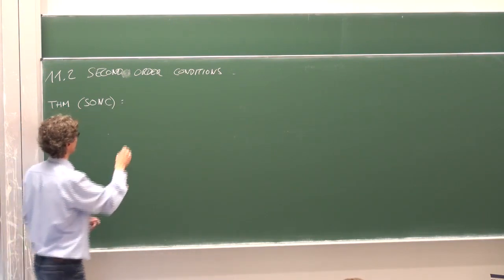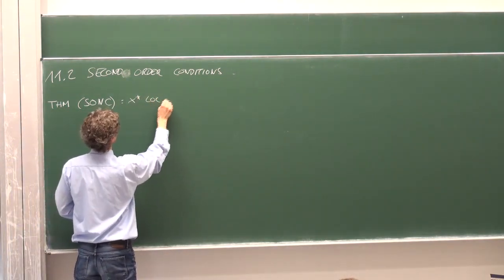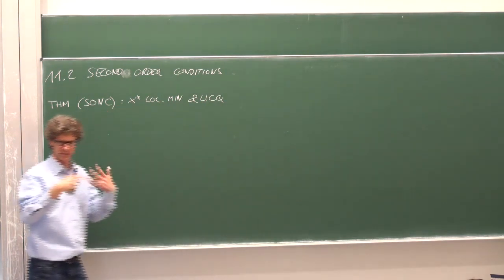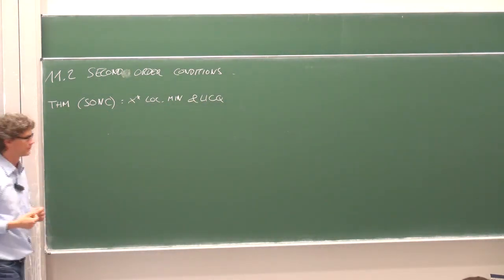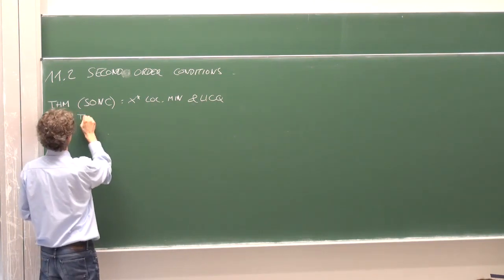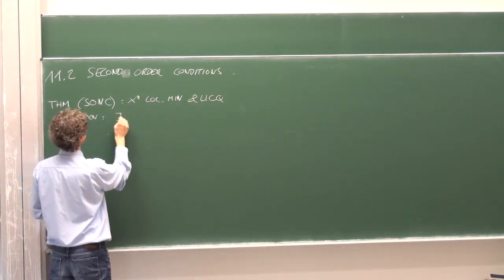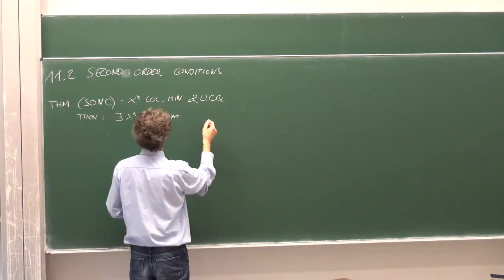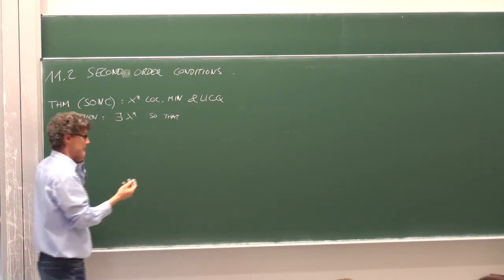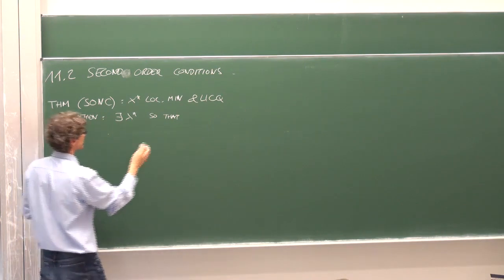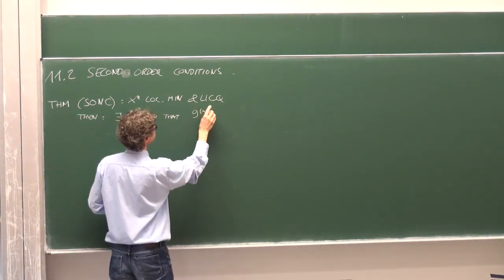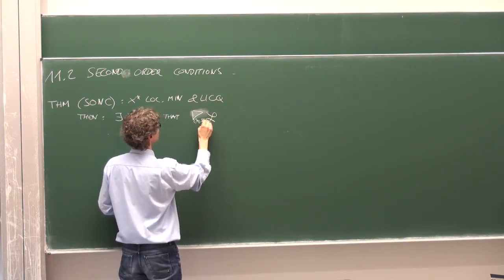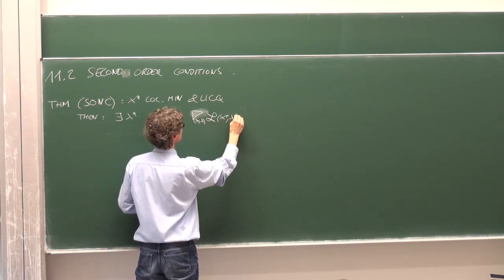And this says if we have an x star, which is a local minimum, and LICQ holds at this point, and of course we have sufficiently highly differentiable functions f and g, then there exists a lambda star so that, I directly write it in this very short form, the gradient of L with respect to x and lambda at x star and lambda star is equal to 0.